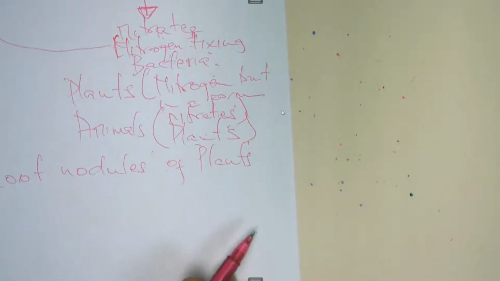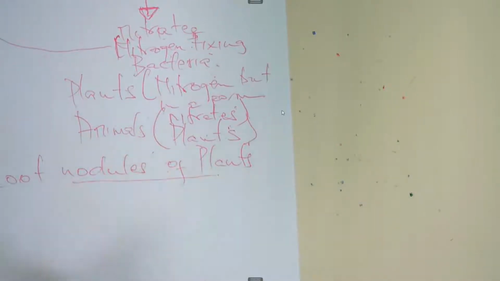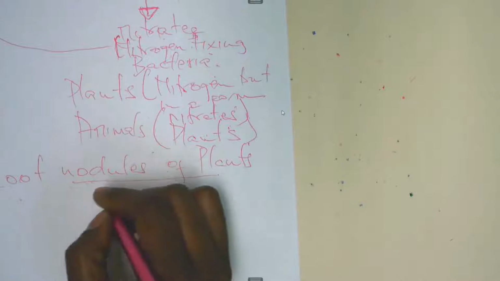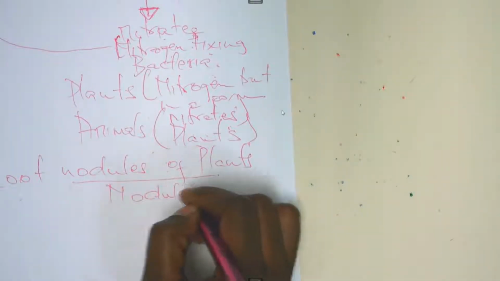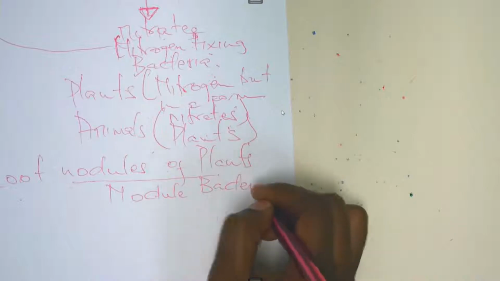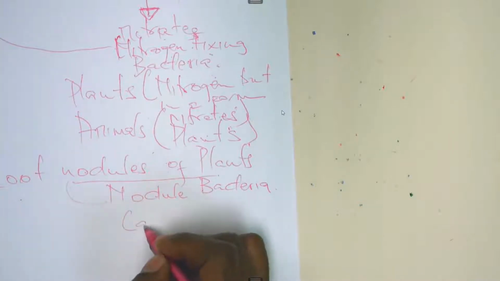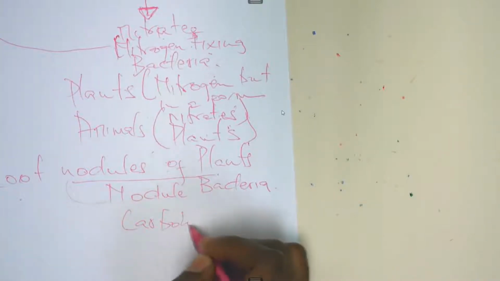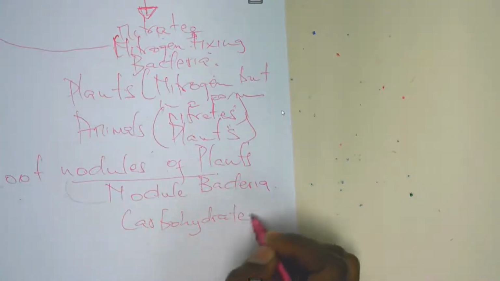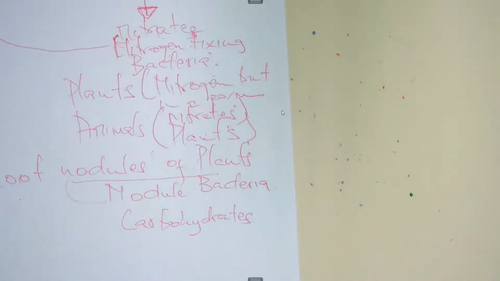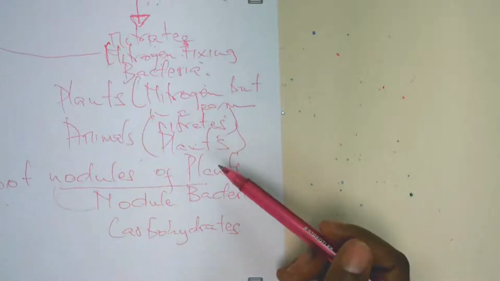The nodule bacteria, the ones that live in the root nodules of the plants, will obtain carbohydrates from the plants. And then the plant benefits by getting nitrates from the bacteria, whilst the bacteria benefit by getting carbohydrates from the plants. So this is an example of mutualism.